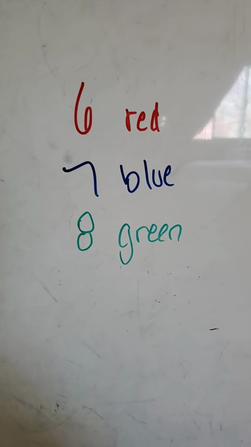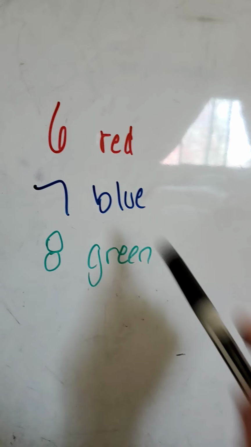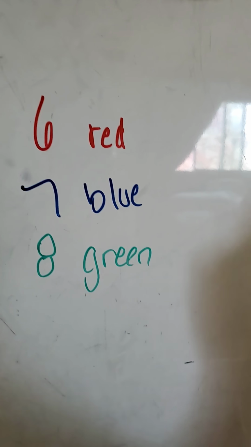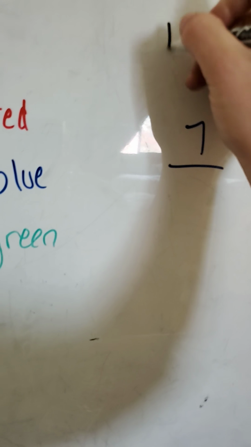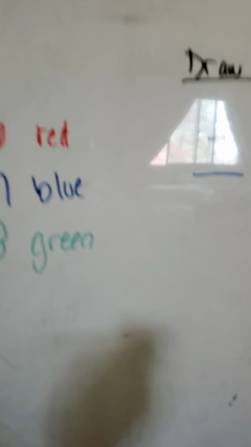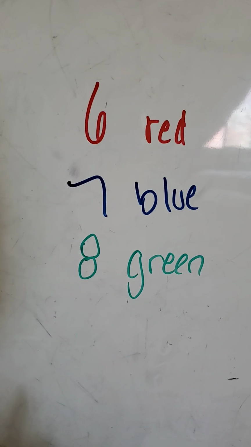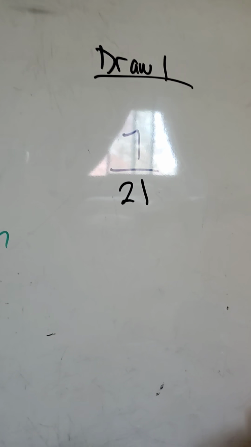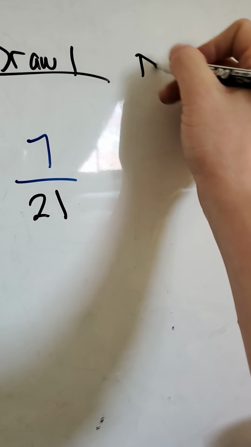Well, what's the probability that I draw a blue one first at all? There's 7 blue, right? Out of how many marbles? So this is like my first draw. Draw 1. 7 blue out of 6 plus 7 plus 8 marbles. That's 21. So 7 blue marbles out of 21 marbles. That's the chance that I'll draw a blue one on the first draw. What about on the second draw?